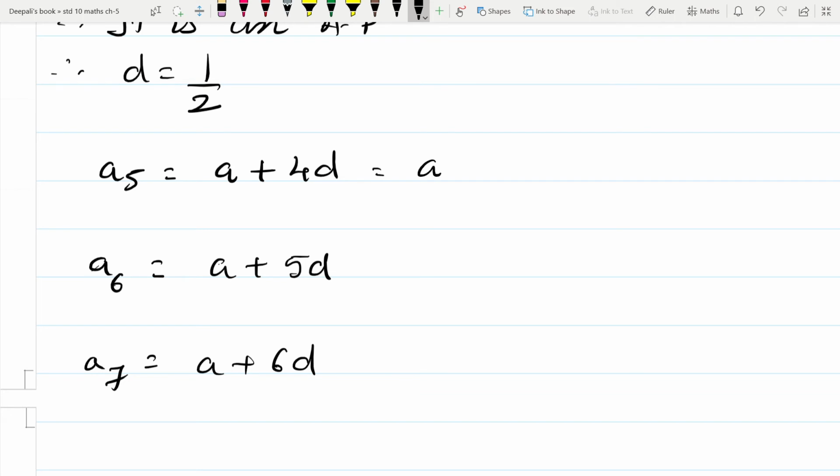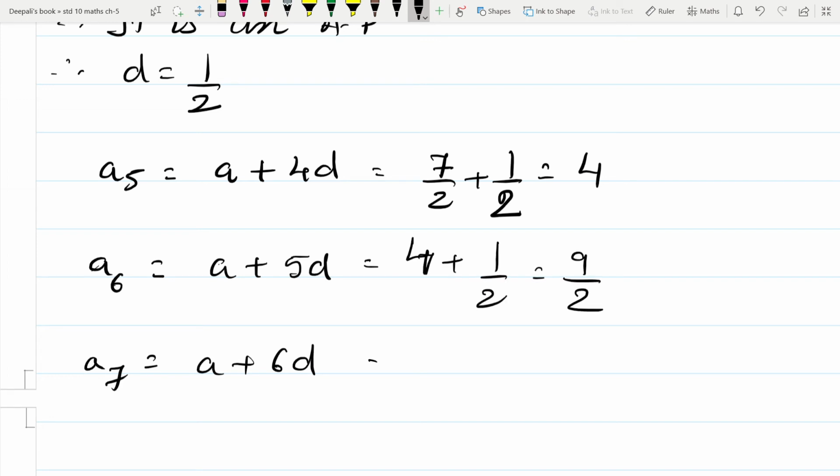So it will be A. What is my A? 7 upon 2 plus 1 upon 2 is equal to 4, and 4 plus 1 upon 2 is equal to 9 upon 2, and 9 upon 2 plus 1 upon 2 is equal to 5. When you solve, you get this answer.